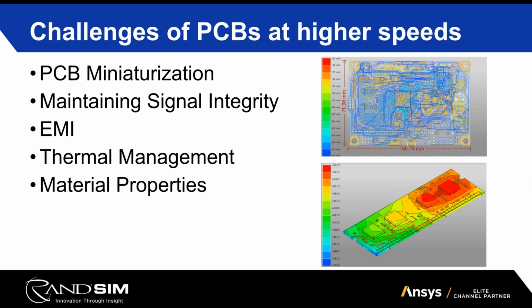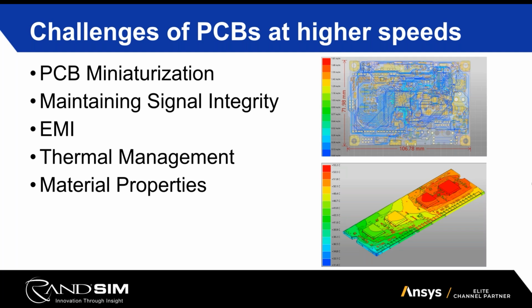A big concern with PCBs at these high speeds is going to be the thermal management. With data rates increasing, that means there's going to be more power generated as well as more heat generated. This is going to directly apply to the material properties within our board and components, as these materials need to be able to manage the higher heat.